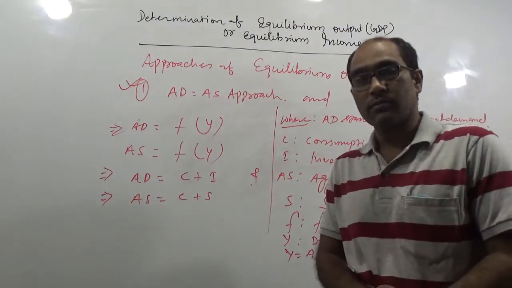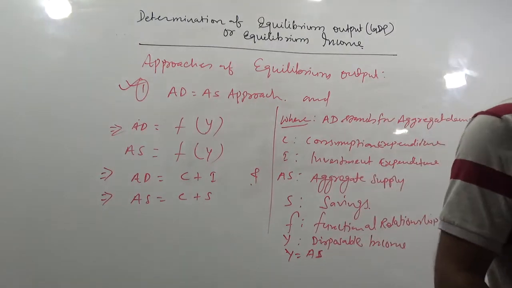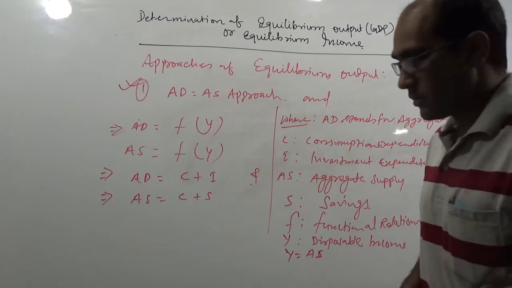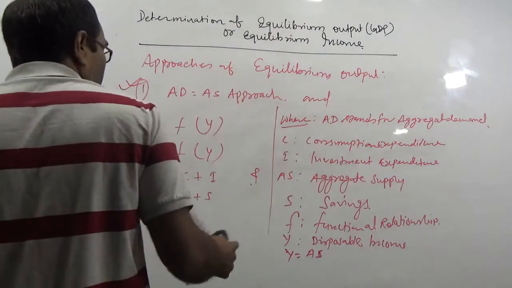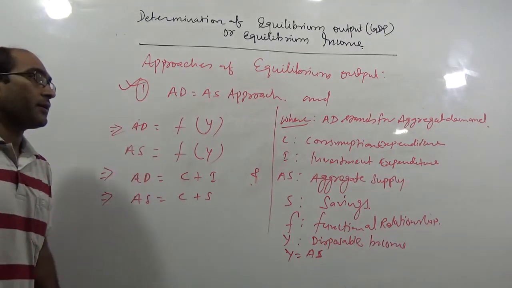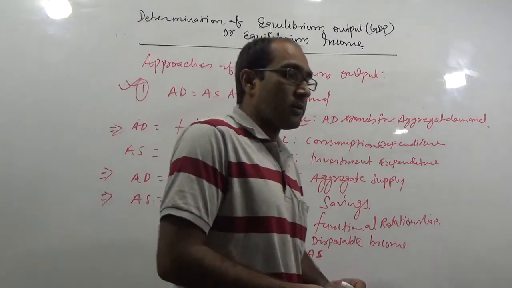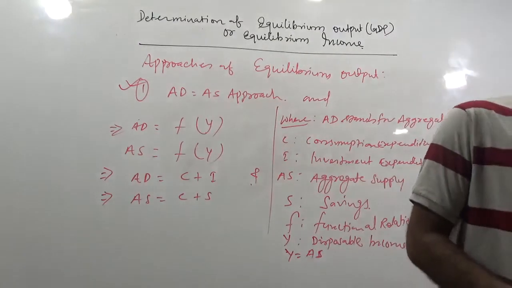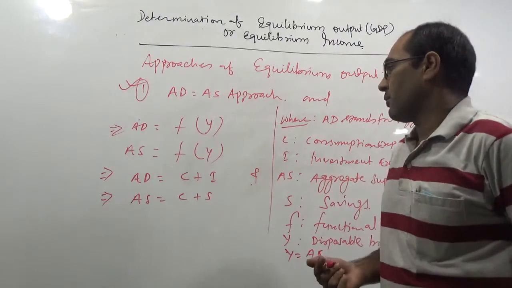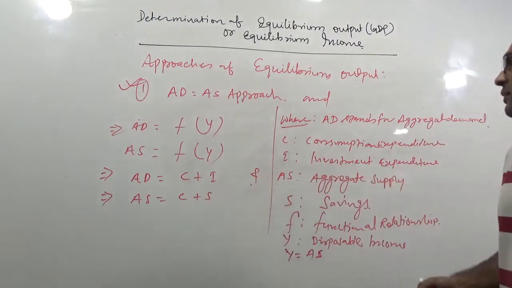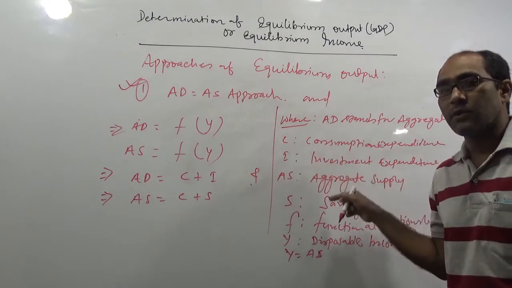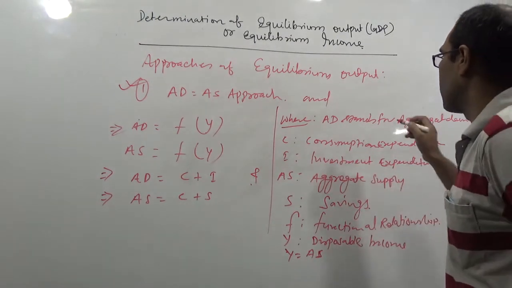So, from the concept of AD and AS, we know that AD depends on disposable income. It comprises two components: one is C, another is I, where C stands for consumption expenditure and I stands for investment expenditure.